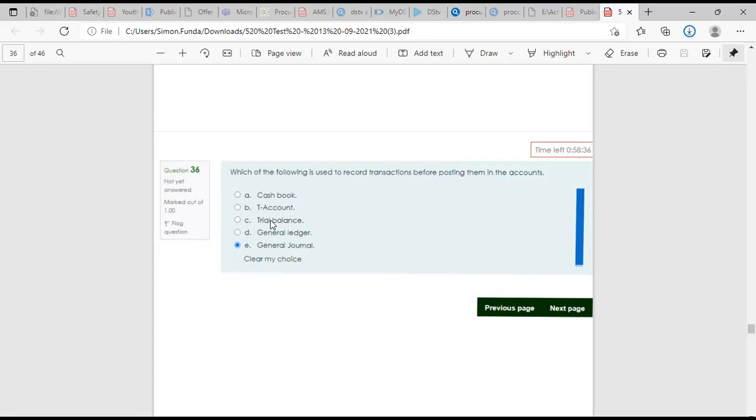From the ledger, we post to the trial balance. From the trial balance, we can prepare the financial statements: the statement of comprehensive income and the statement of financial position. So that's how transactions move from the journal, which are called the prime entry books, to the ledgers, to the trial balance, then to the financial statements.